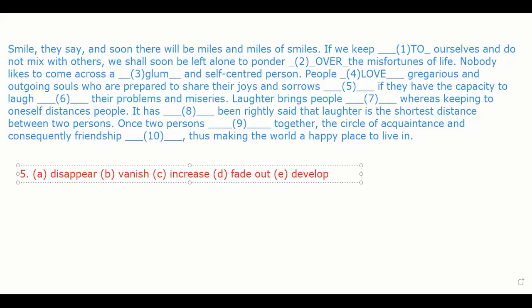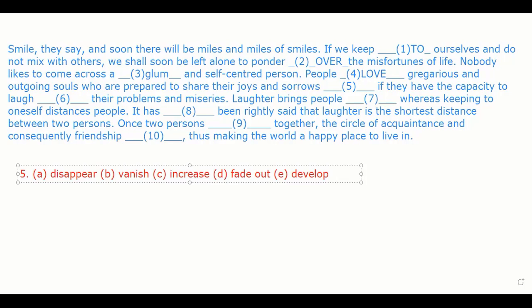You were explaining it. People love gregarious and outgoing souls who are prepared to share their joys and sorrows. It's not like joys and sorrows; it's like share their joys and sorrows vanish, or sorrows fade out.